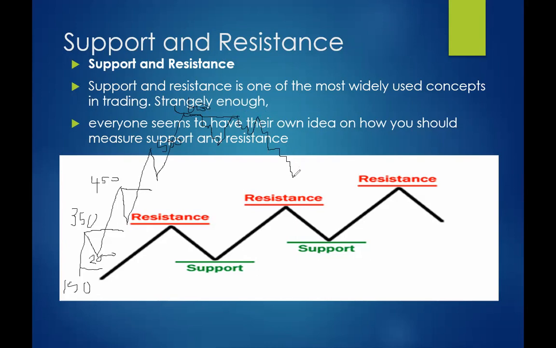Are you seeing it? Now, when it gets to 450, remember this place was a support level. Now it has broken that support level. Remember, price fell down from 600 to 450. And now it managed to rise up.